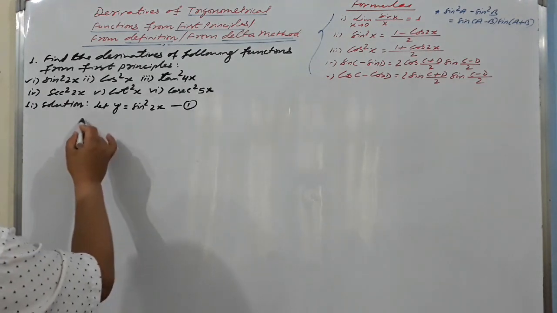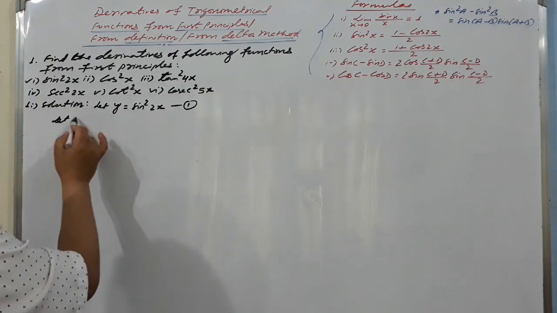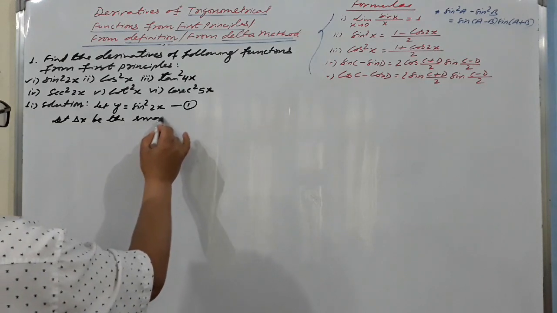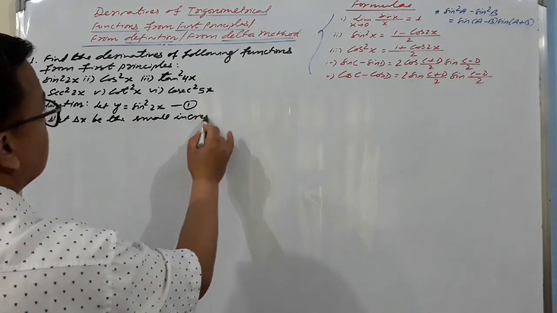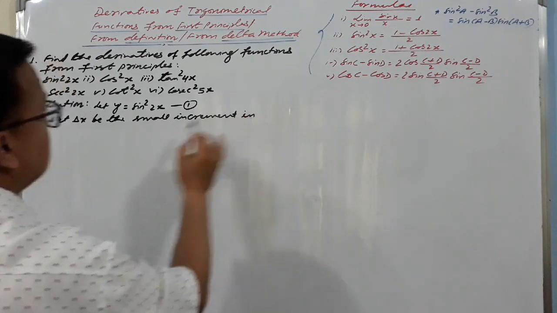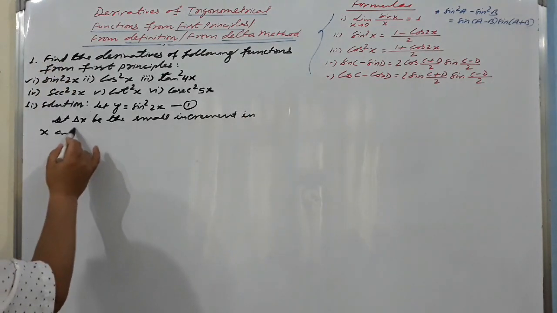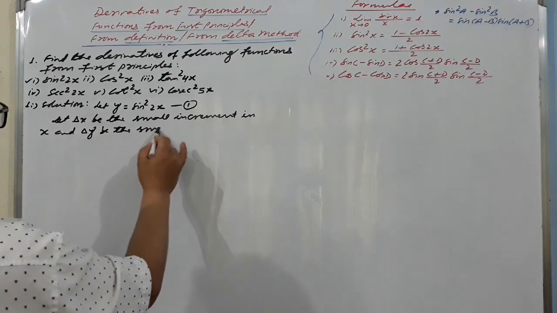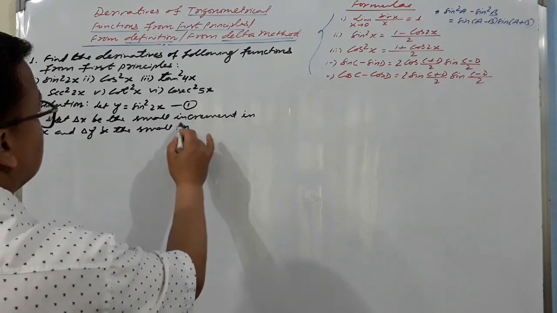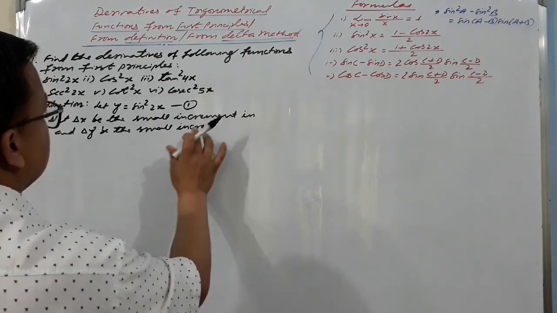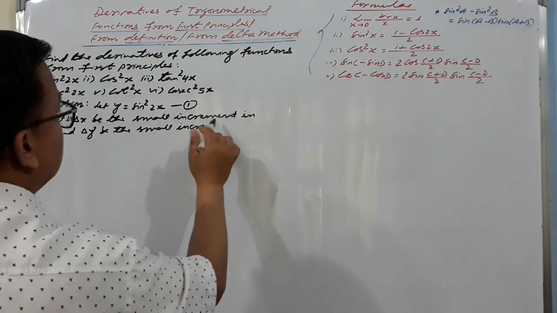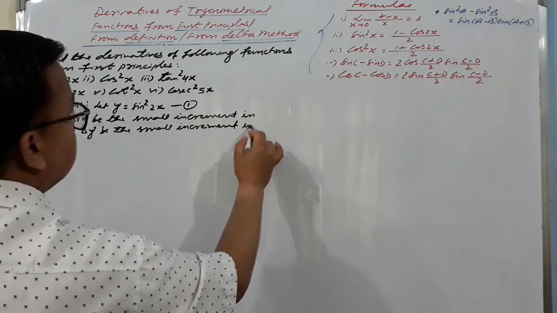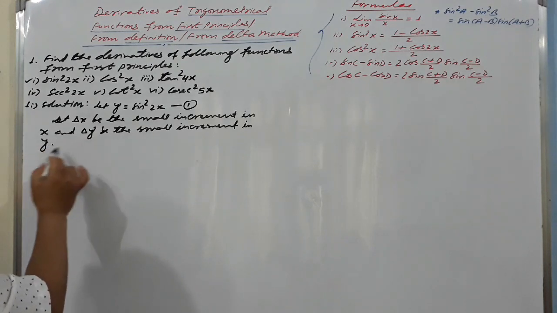Let delta x be a small increment in x, and delta y be the corresponding small increment in y.